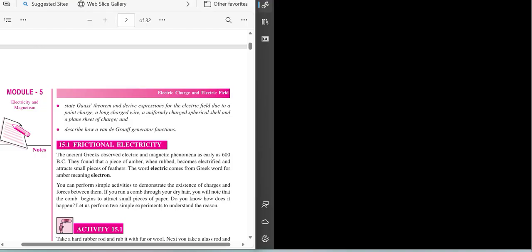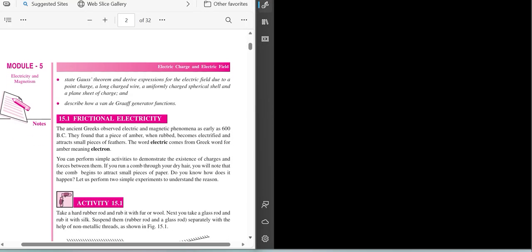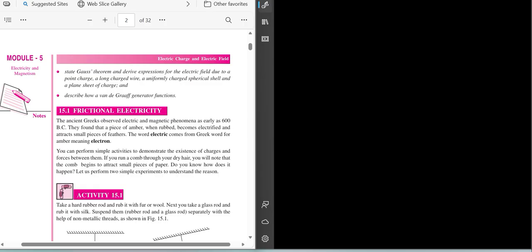And what is the meaning of that? Electron. Okay. So we can also perform some simple activities, like if we run a comb through our hair which is dry, not oiled, then when the comb is brought near tiny bits of paper, it attracts them. The same thing happens when we rub a glass ruler through our dry hair; it also starts attracting paper.